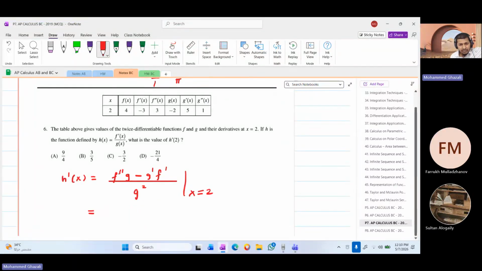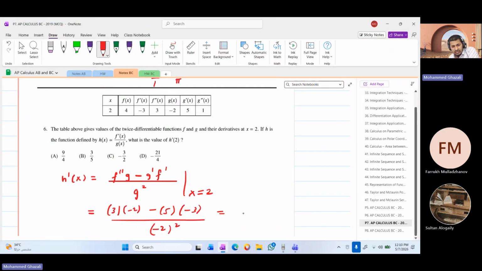What is f double prime 2? 3. What is g of 2? Negative 2. What is g prime 2? 5. What is f prime 2? Negative 3. Over g squared, so negative 2 squared is 4.